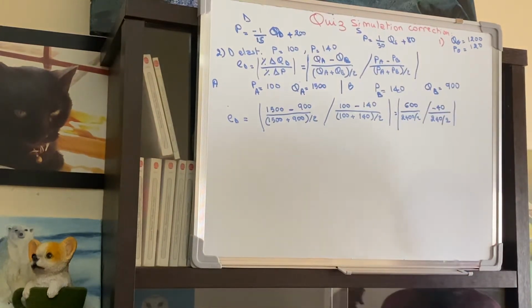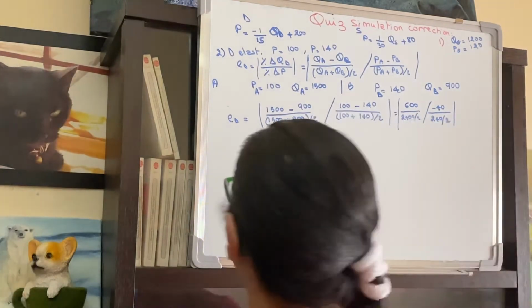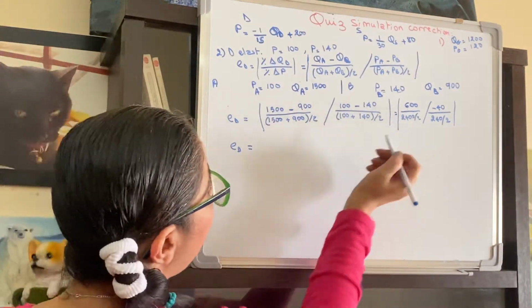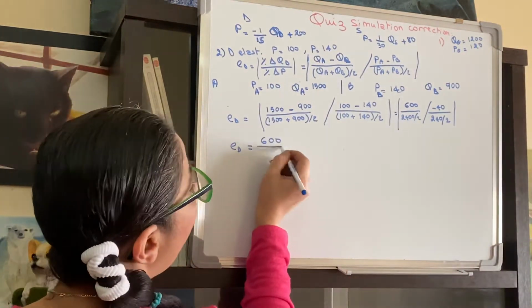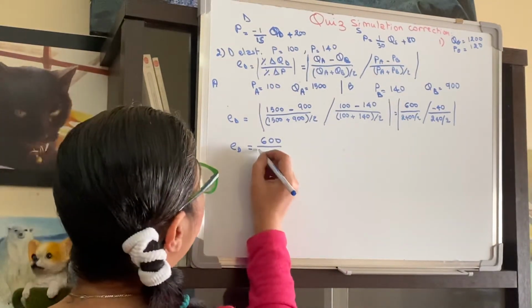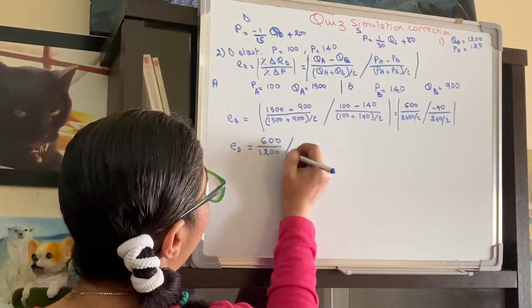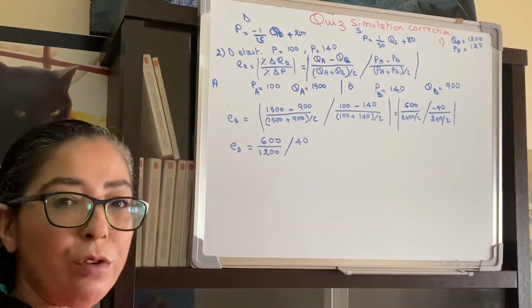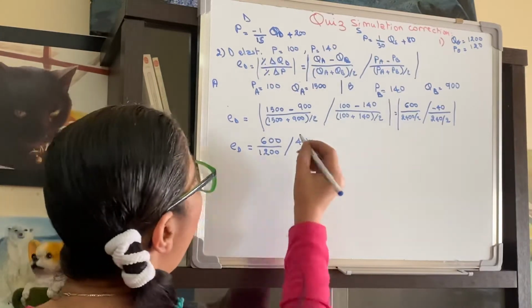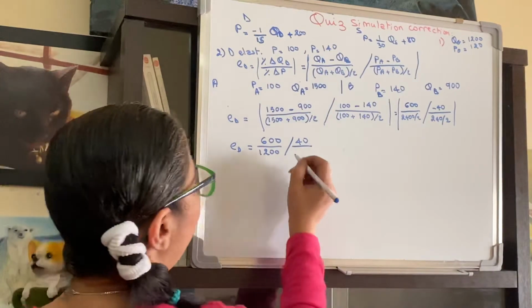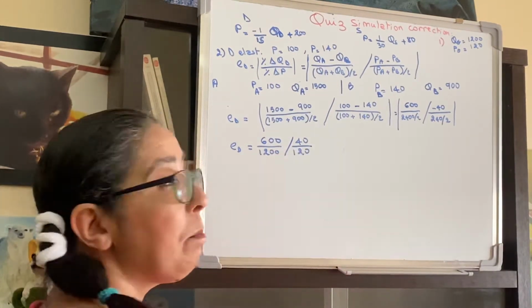Now I'm going to take off the absolute value so I get rid of the minus sign. So ED again is equal to 600 over 2,400 divided by 2, that would be 1,200. Everything over 40, I took off the absolute value, so everything needs to be positive now, over 240 over 2, that would be 120. Okay?